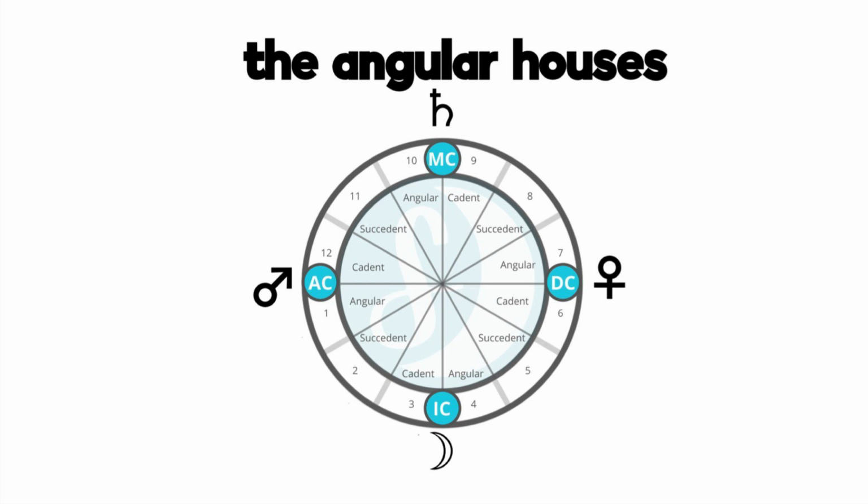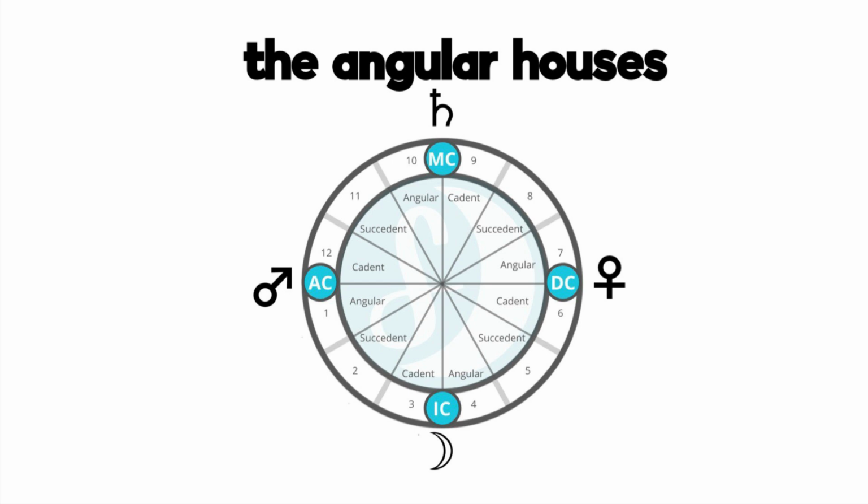So I started with the easy stuff, learning about the signs, learning about their rulers, the planets that rule those signs, and understanding where we get that from in Greek mythology.